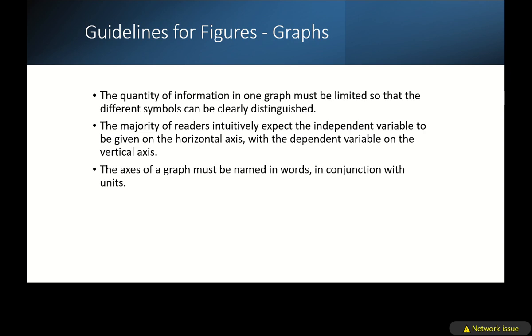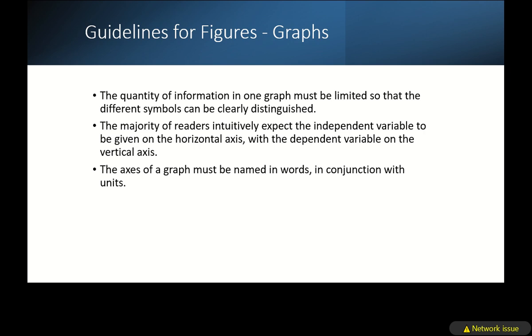If you are putting it in a graph, dependent on the y-axis, independent on the x-axis. That's why if I have to use a notation in an equation, for dependent I use y, and for independent we use x.